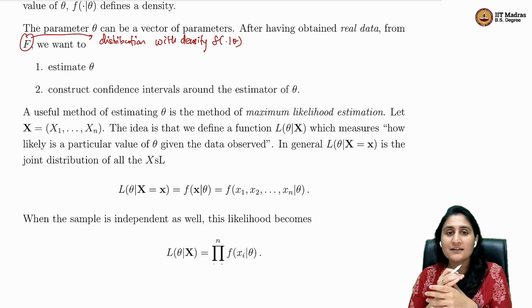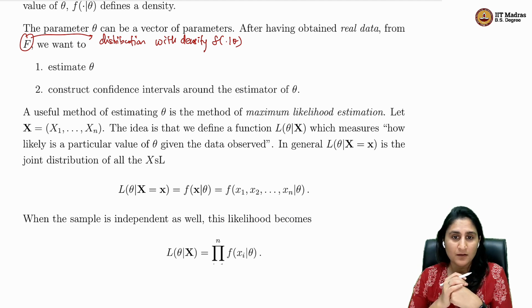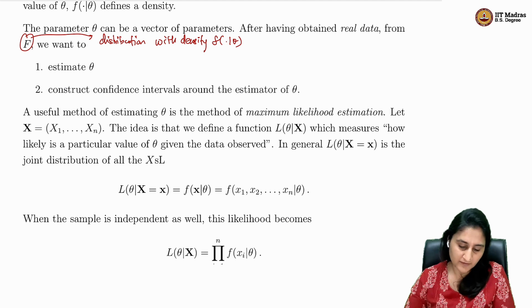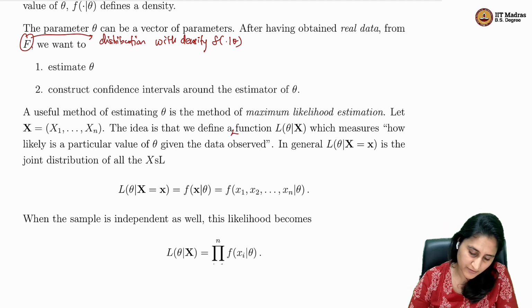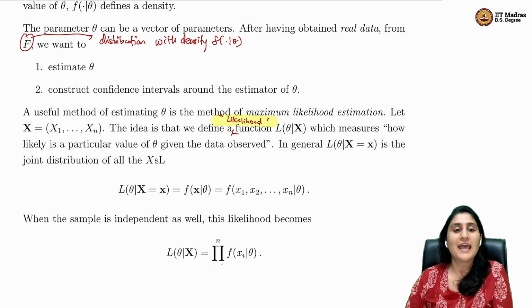Now the idea in maximum likelihood estimation is first that we define something called the likelihood function, L of theta given x, such that it measures how likely a particular value of theta is given that we've observed the data.